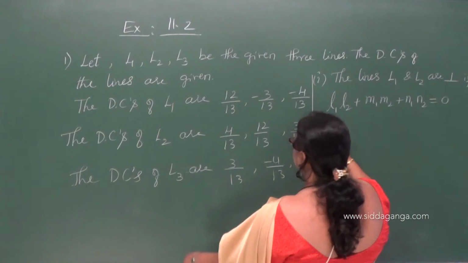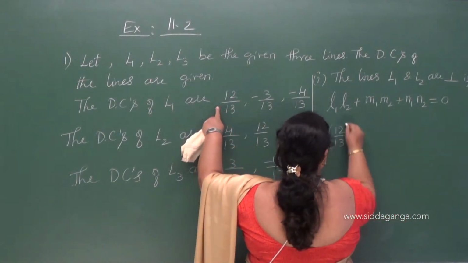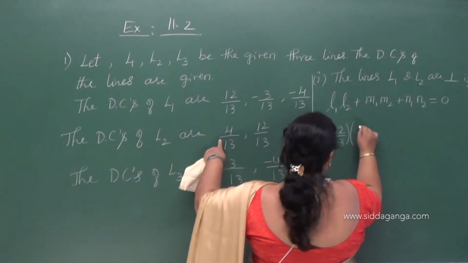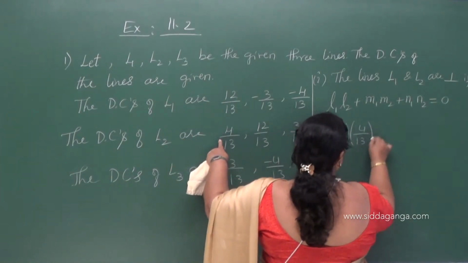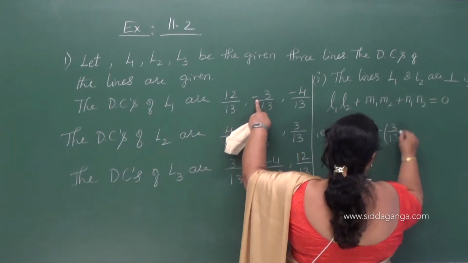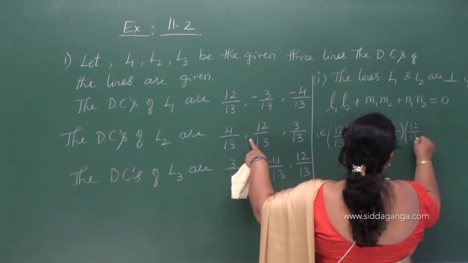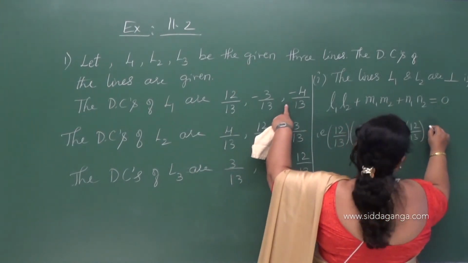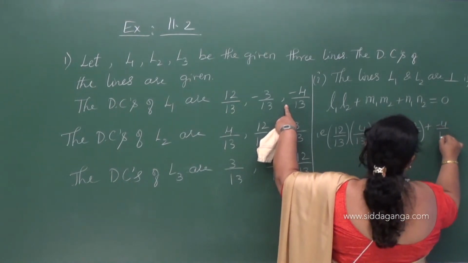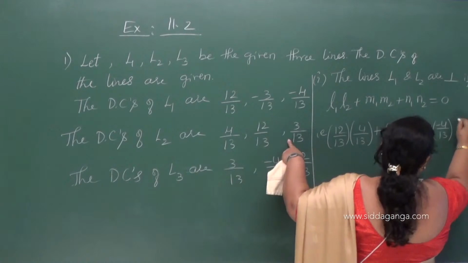That is, L1 is 12 by 13, L2 is 4 by 13, plus minus 3 by 13, so plus 12 by 13, next plus minus 4 by 13, so into 3 by 13.